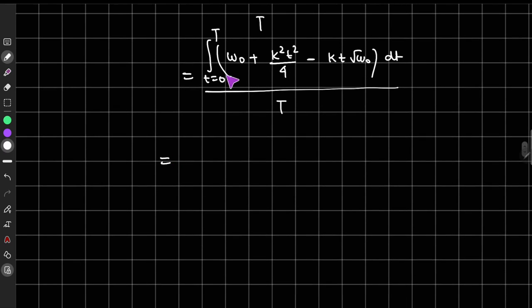We can integrate. Omega naught is constant and the integration of 1 is t.